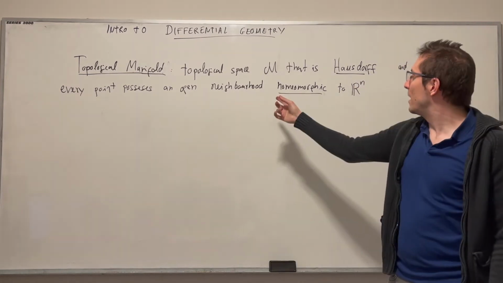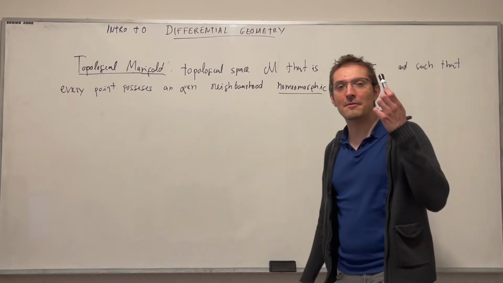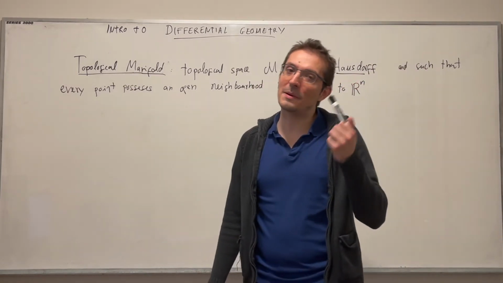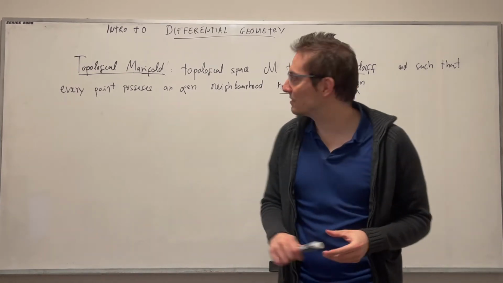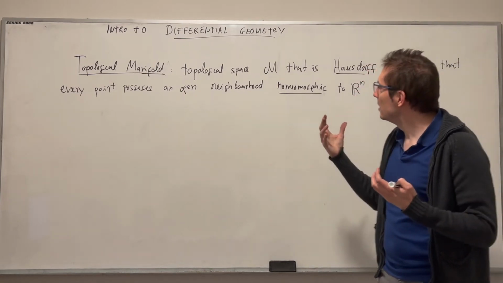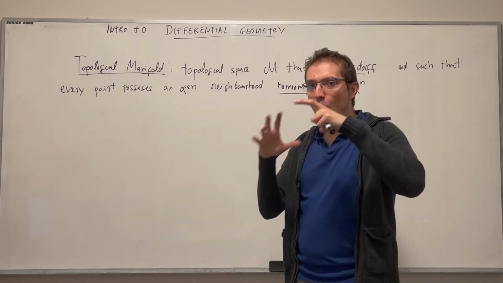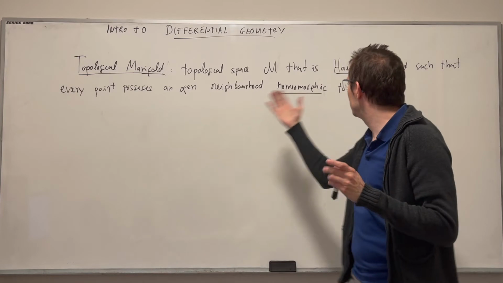All right, what is homeomorphic? Homeomorphic means that there is a bijective continuous map, and it's actually bicontinuous, as in the map and its inverse are both continuous. That's what we say when it's homeomorphic to Rn. That means that it is possible to have a homeomorphism that relates open sets around every point to Rn.